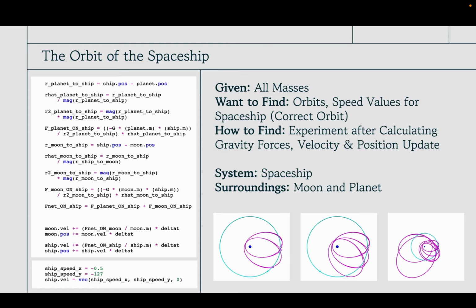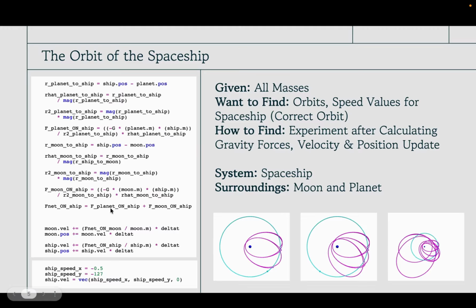The system could technically be all three, but if we're focusing on the spaceship, the system is the spaceship and the surroundings are the moon and planet. But technically all three are in the system and the surroundings are everything else, because here you can see that I calculated the force net on the ship and on the moon and on the planet. As you can see here, the force net on the ship is equal to the force of the planet on the ship and the force of the moon on the ship, and this was calculated using universal gravity.